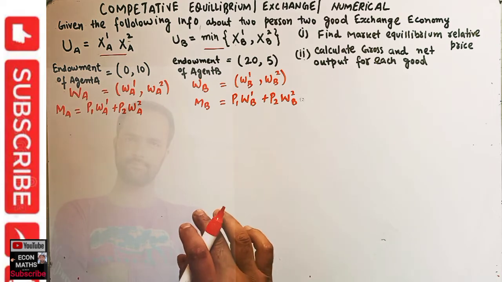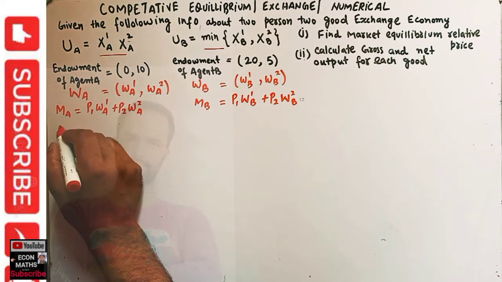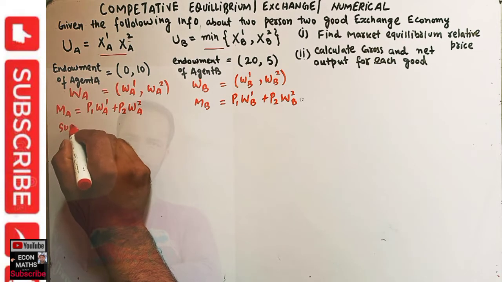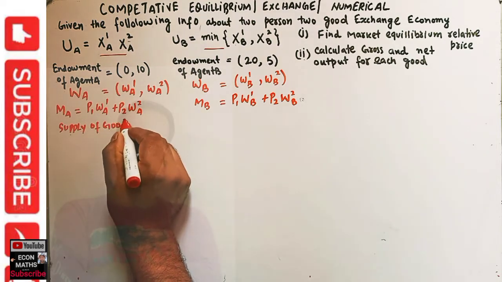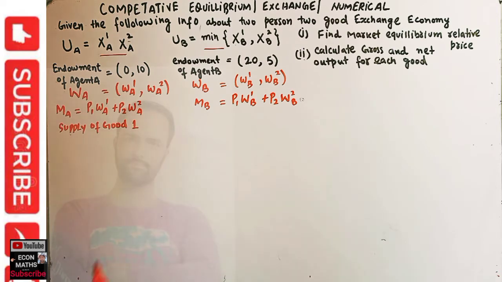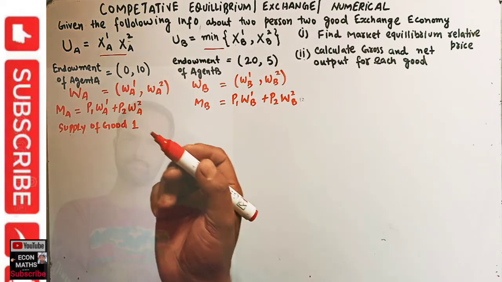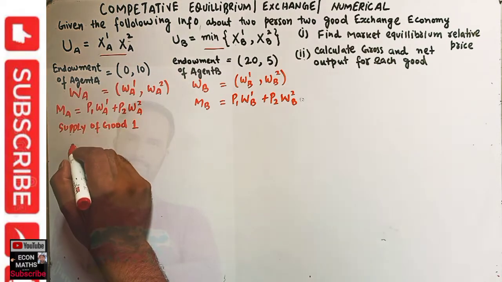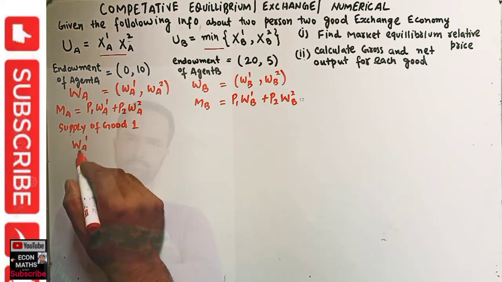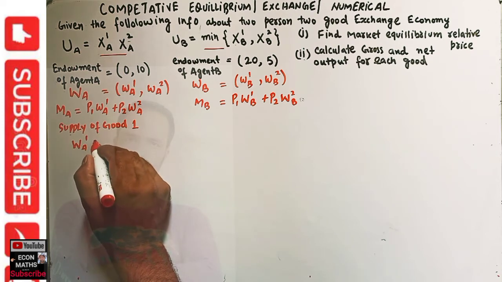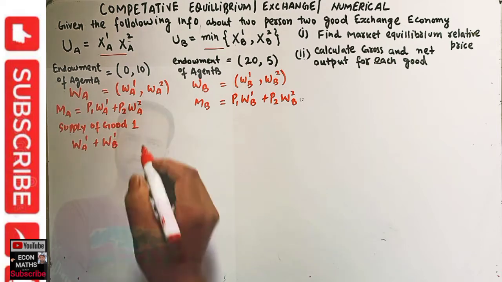Now we will also find the total supply of good 1. Let me write it here. What is the total supply of good 1? It is simple: the total supply of good 1 is equal to WA1, the units of good 1 person A is holding initially, plus WB1, the units of good 1 person B is initially holding.